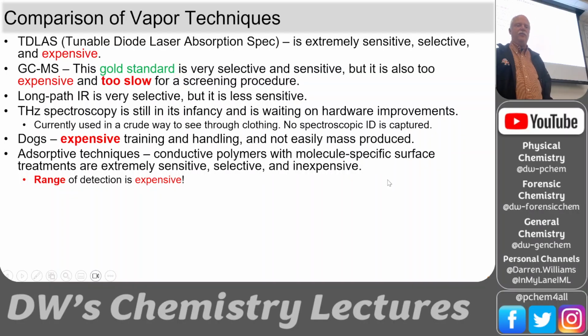And then we have adsorptive techniques. Now these are interesting. You can take polymers and their stretchiness or whatever physical properties they have, and let's say we're going to detect TNT. So we have this polymer, we warm it up, we clean it off, and we measure its stretchiness.